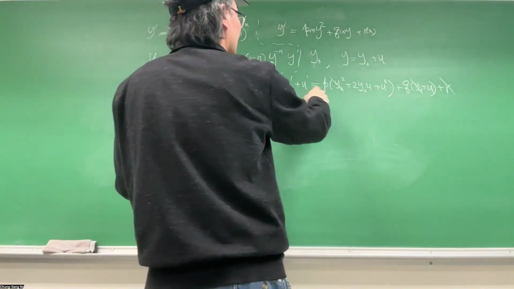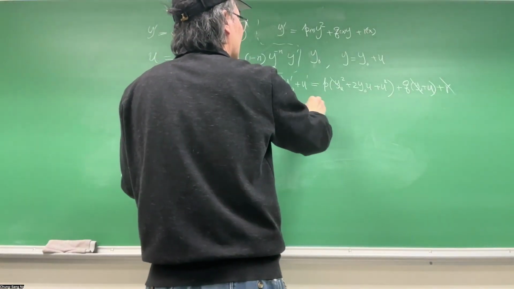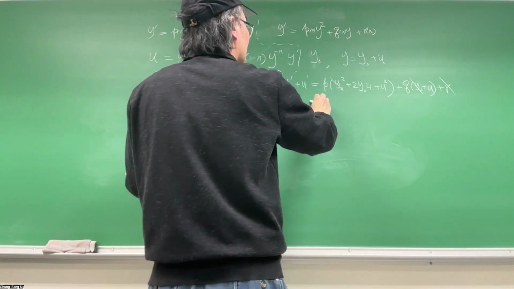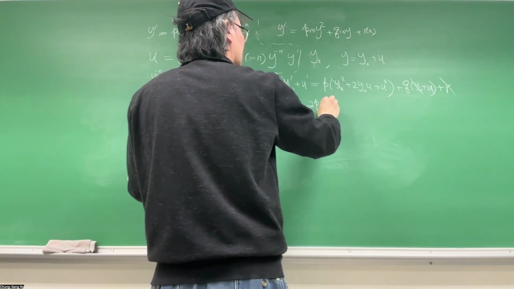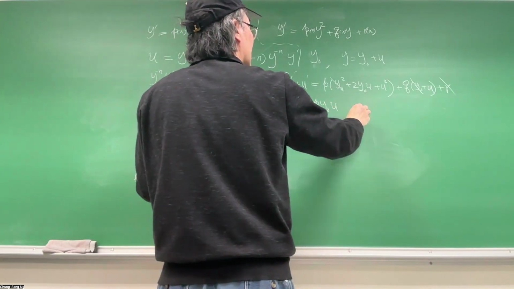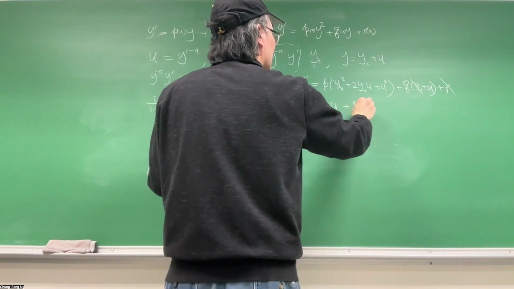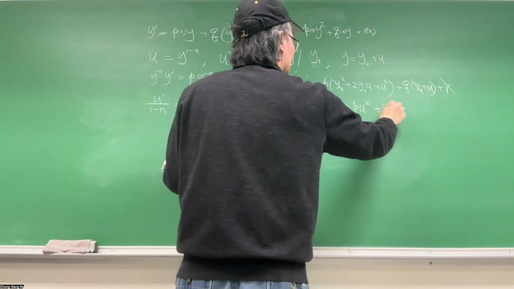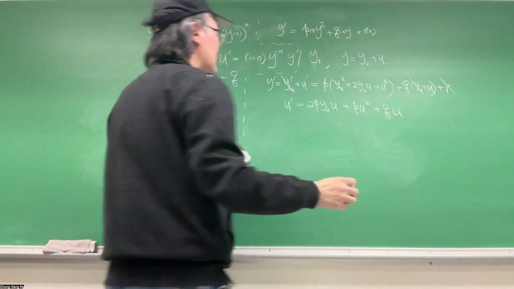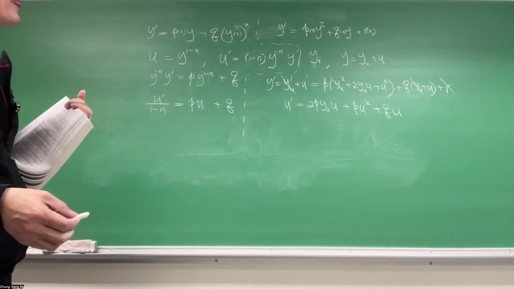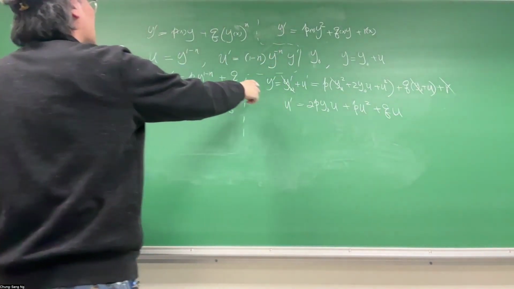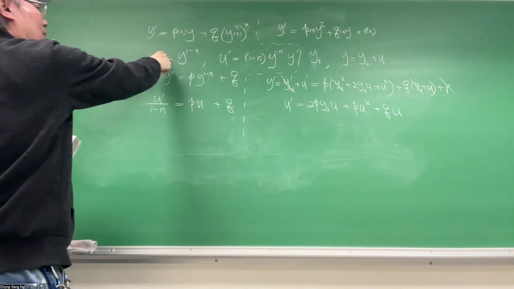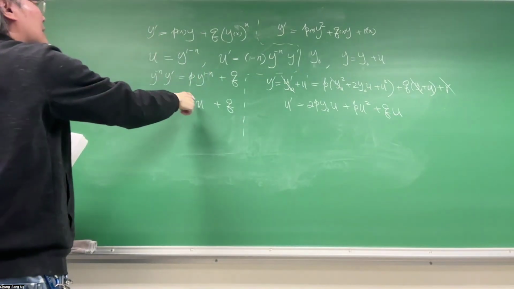So what is left is u prime equals to q plus 2 p y sub 0 times u, plus p u squared. Okay, now you recognize this is of this form, the Bernoulli equation form, right?